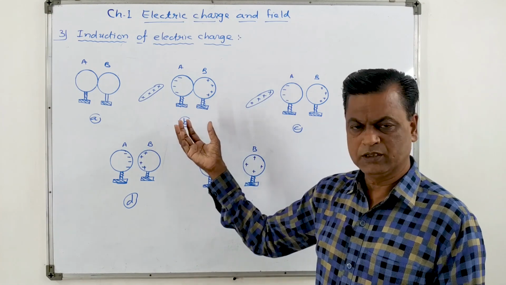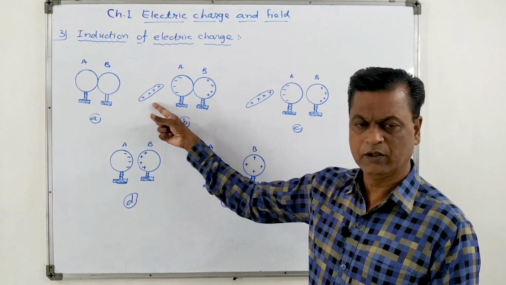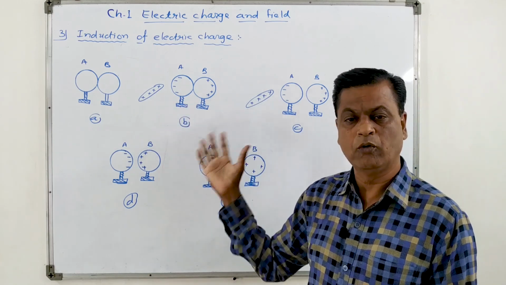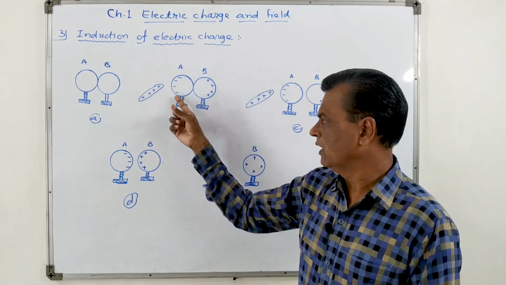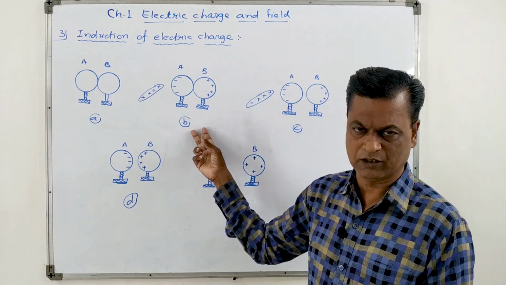So in a short time equilibrium is established under the effect of the attraction force of the glass rod and the repulsion force of the accumulated electrons. Figure B shows the equilibrium position.